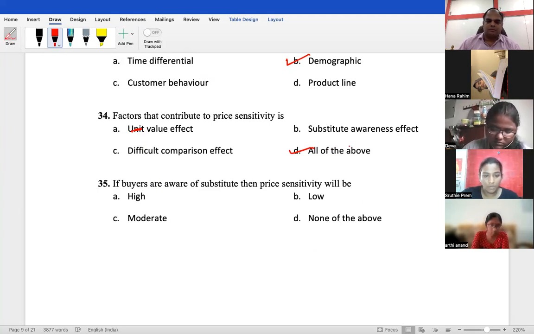If buyers are aware of substitutes, then price sensitivity will be dash. High, low, moderate, none of the above. High.